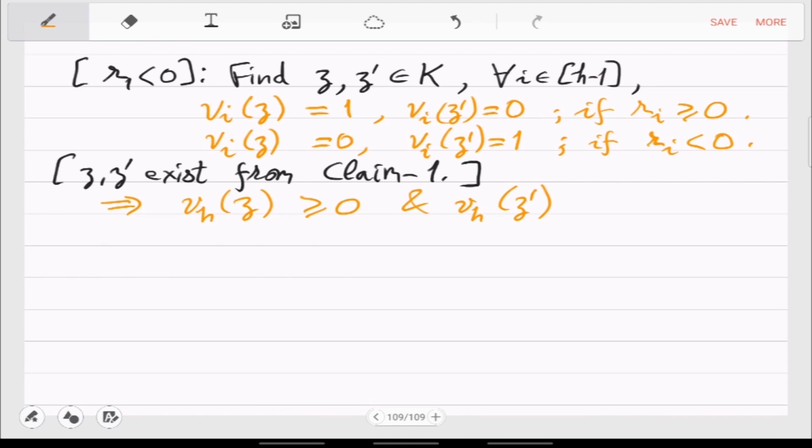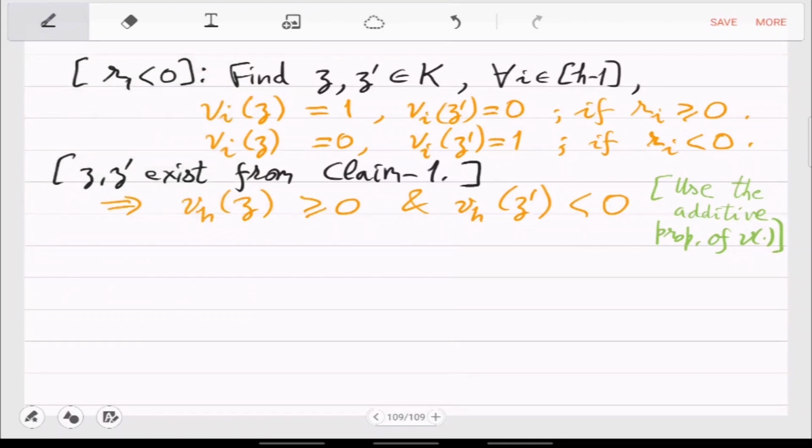So this will be negative. So we are using the additive nature property of valuation. Right? This is how we had designed Z and Z prime.